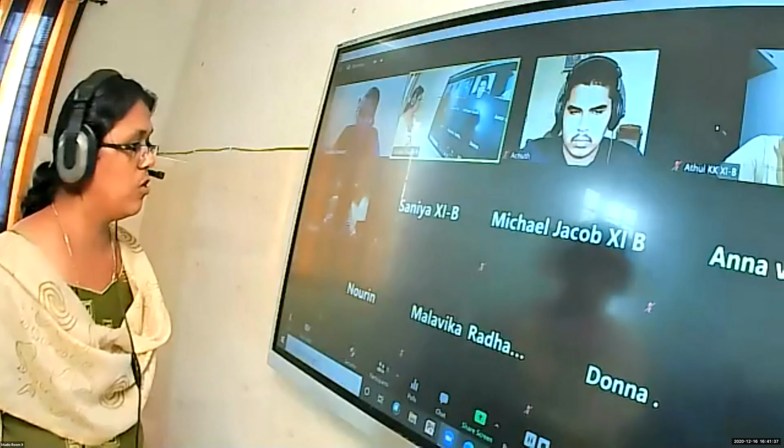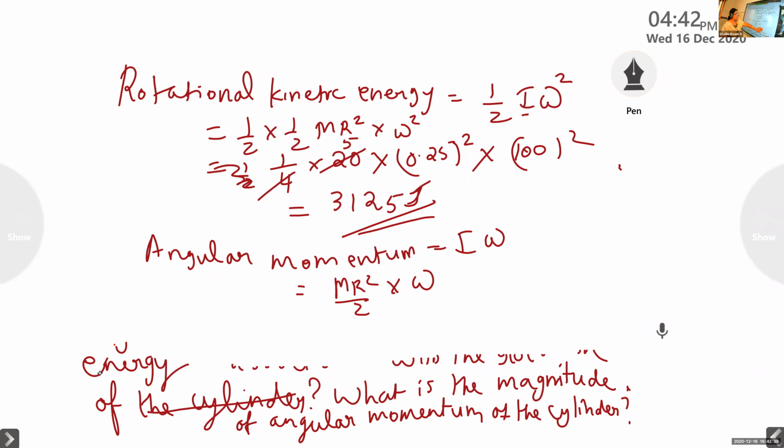Angular momentum is I omega. Substitute the equation for moment of inertia, that is mr squared by 2 into omega. mr squared, you already know what it is. That is 20 into 0.25 squared into omega 100.